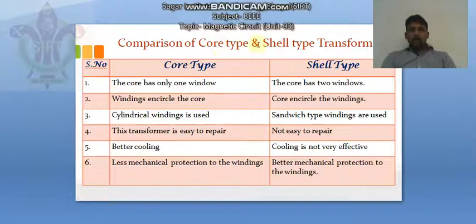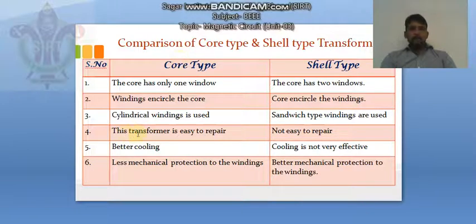Comparison of core type and shell type transformer. The core type has only one window but the shell type has two windows. In core type the winding encircles the core, but in shell type the core encircles the winding. In core type cylindrical winding is used, but in shell type sandwich type winding is used.